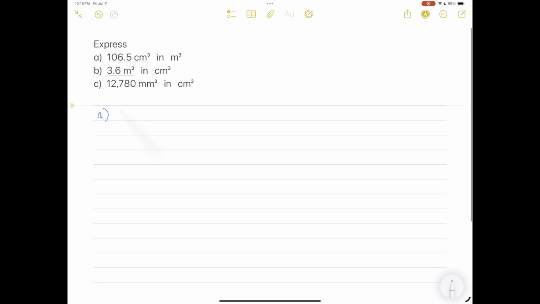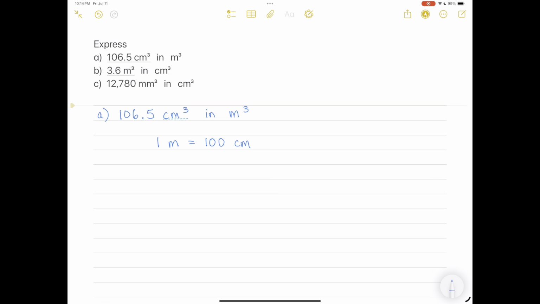Express 106.5 cubic centimeters in cubic meters. So I write 106.5 cubic centimeters in cubic meters to begin the problem. And I recall that 1 meter equals 100 centimeters.